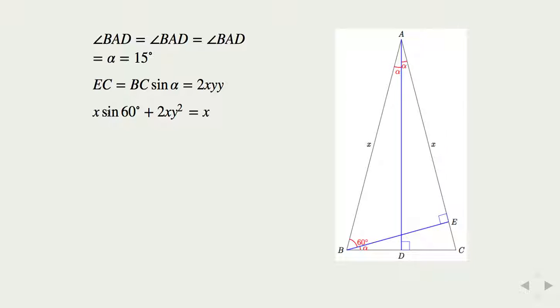We also know that sine 60 degrees is a special angle, the square root of 3 over 2. So we plug in the value and cancel x. What we get is the square root of 3 over 2, plus 2y squared, equal to 1. So from that equation, y, which is sine 15 degrees, equals a square root, where y squared equals 1 minus the square root of 3 over 2, divided by 2.